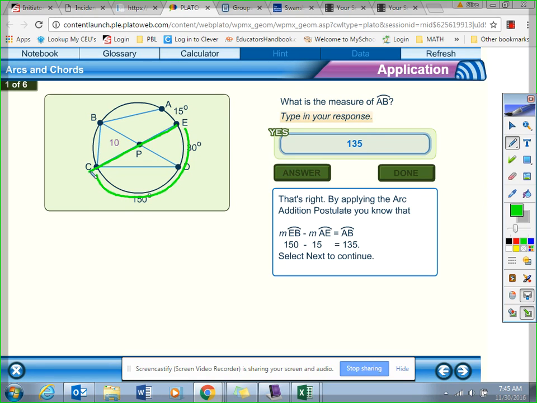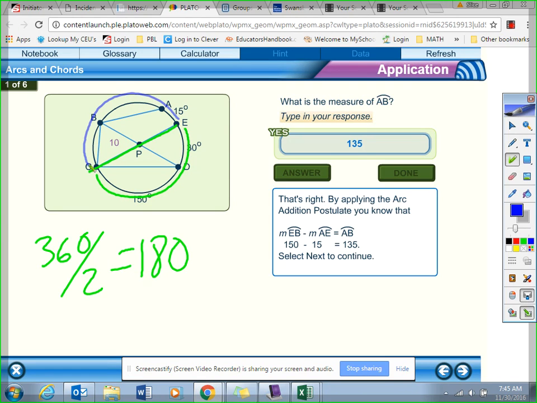So half of 360 is 180. So if I know that that's 180, the other side is going to be 180 as well. So if from E all the way to C is 180, I can subtract 180 minus 15 as well. That will give me 135. All right, awesome.